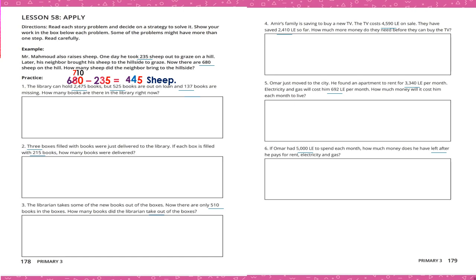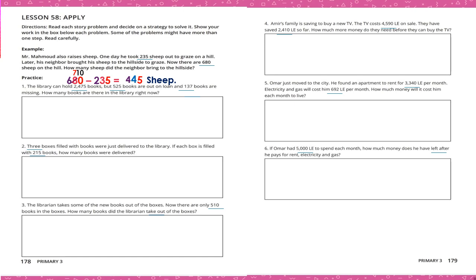Practice. Number 1. The library can hold 2,475 books, but 525 books are out on loan and 137 books are missing. How many books are there in the library right now?